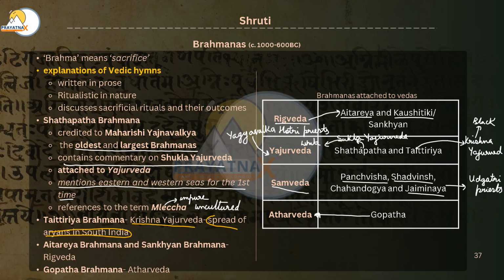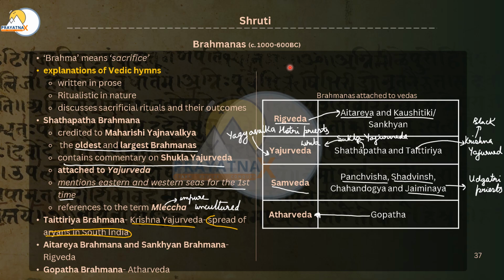So, to briefly recap, Brahmanas basically deal with the prose explanations which give us detail about the sacrificial rituals and their outcome. It was composed in the later Vedic age to explain the hymns of Vedas. Now it has various texts which are embedded within each Veda.